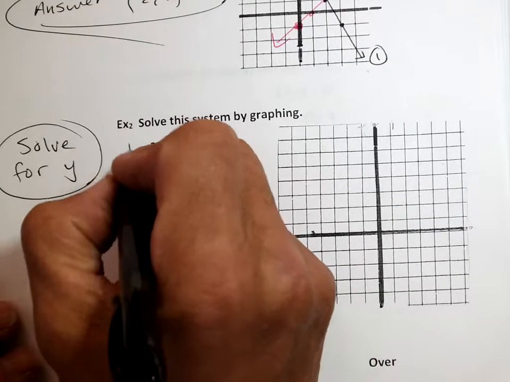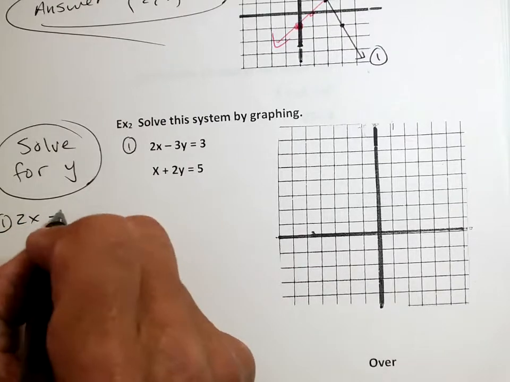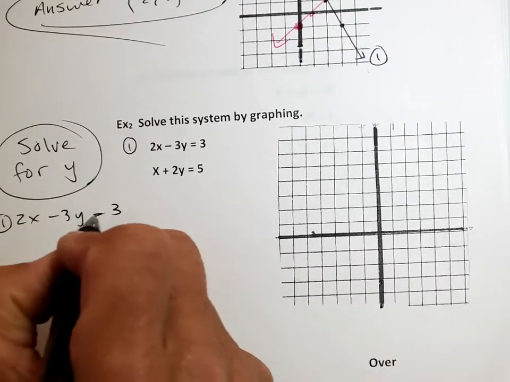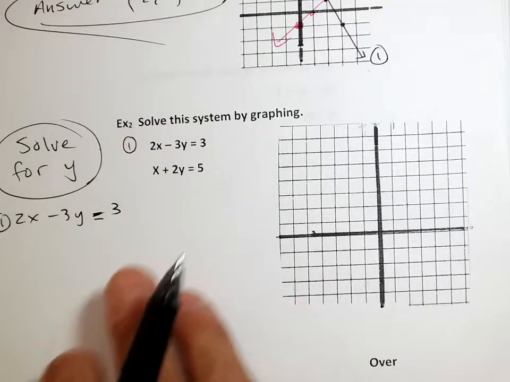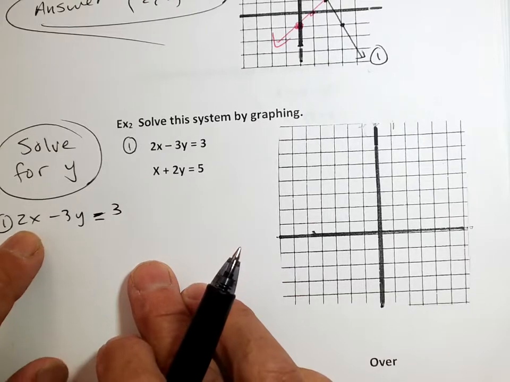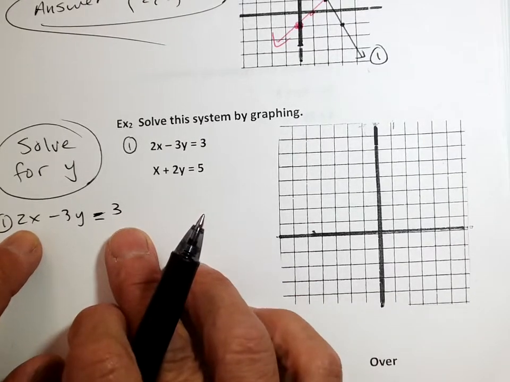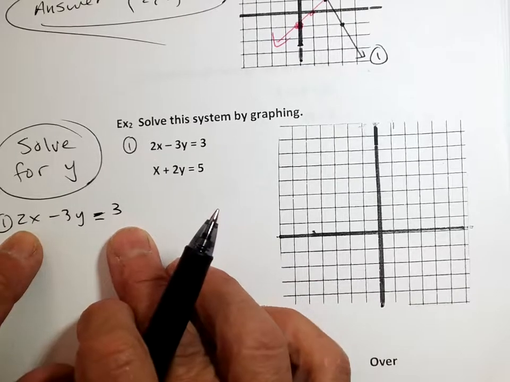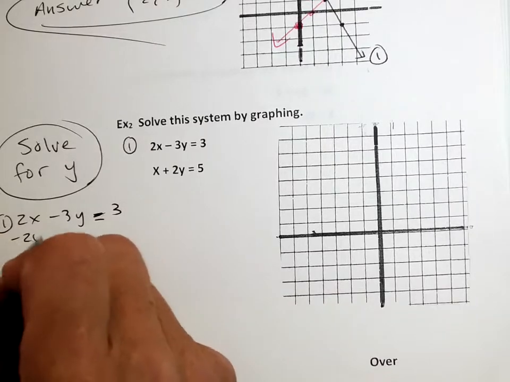Let's take a look at equation 1 first: 2x minus 3y equals 3. I need to bring the 2x over. If I get going too fast, will you guys just tell me to slow down? So I'm going to go minus 2x on both sides, because that'll bring it over.